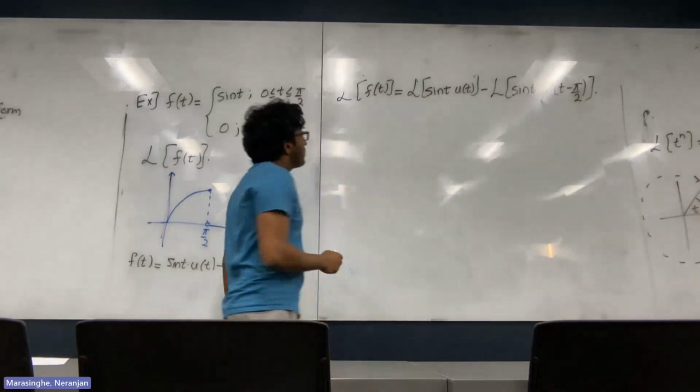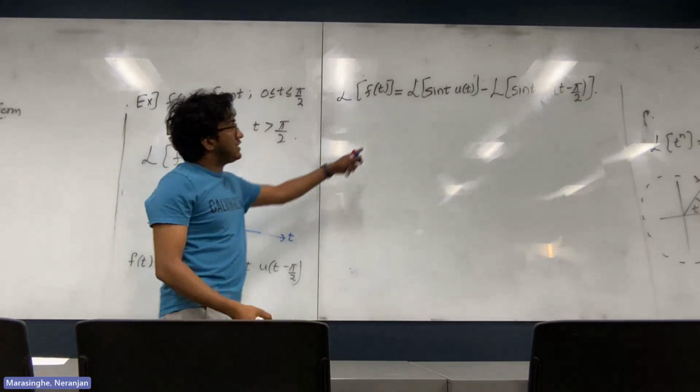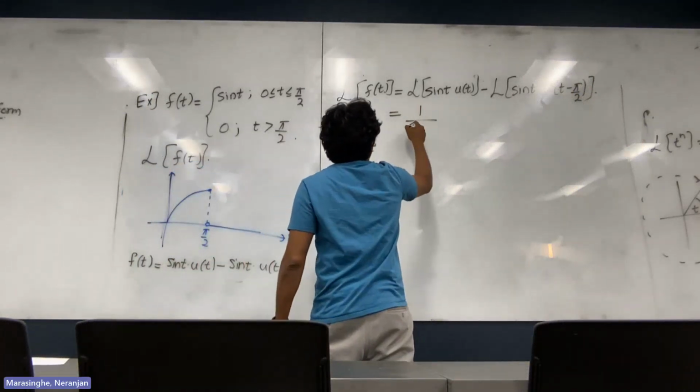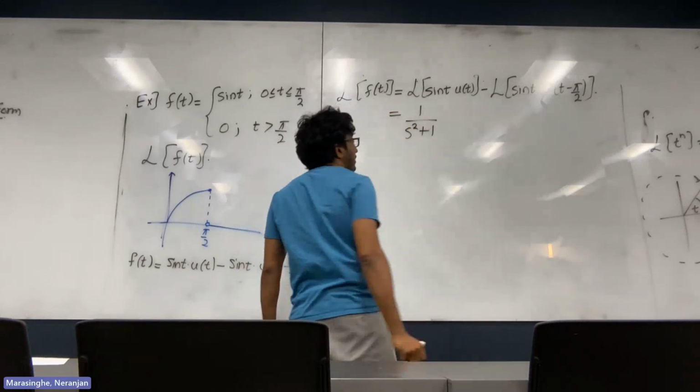We know the Laplace transform of sin t u(t) is equal to 1 divided by s squared plus 1.